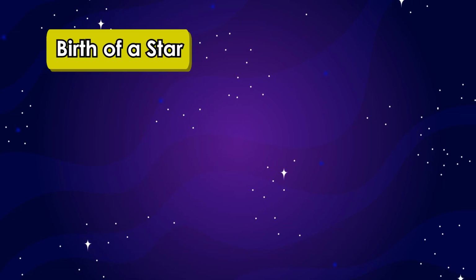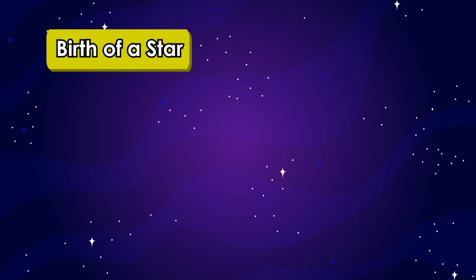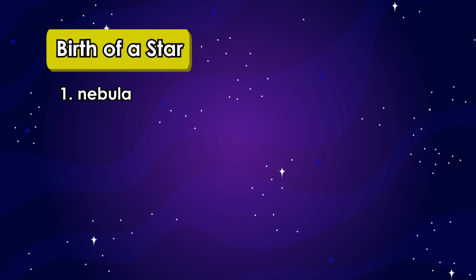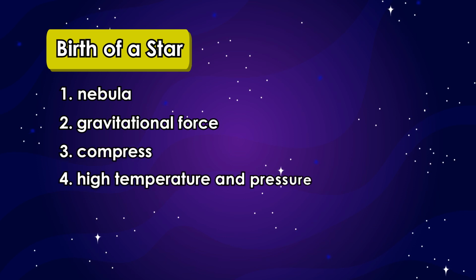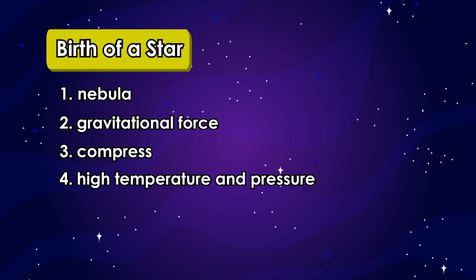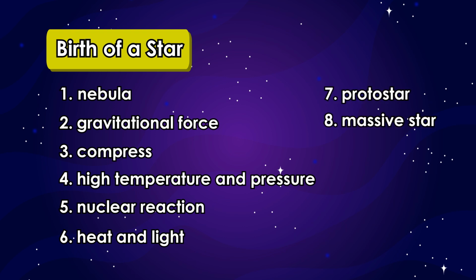Now pupils, after learning about the birth of the star, let us take a break. We are going to do a simple activity which will help us to remember the birth of a star. Firstly, write these keywords in your notebook: nebula, gravitational force, compress, high temperature and pressure, nuclear reaction, heat and light, protostar, massive star.